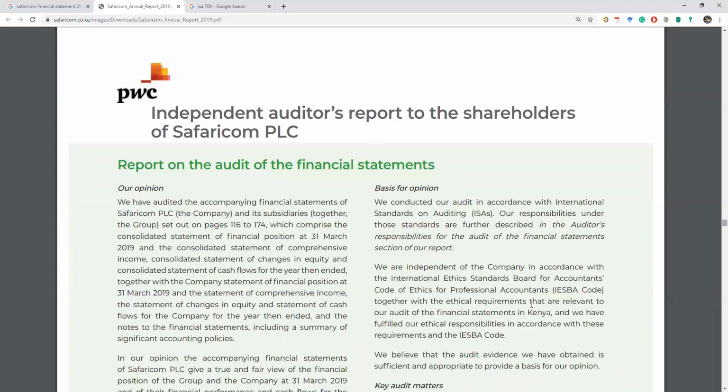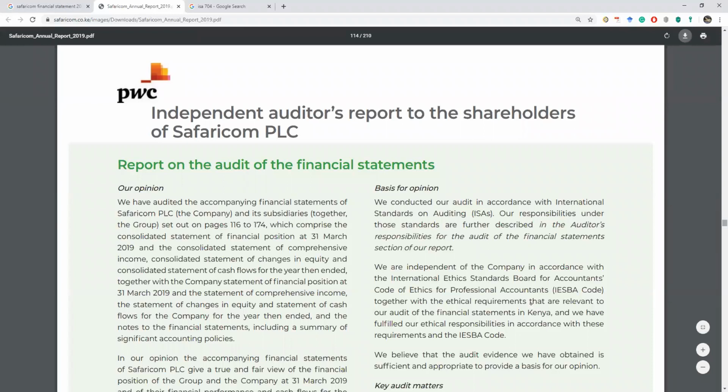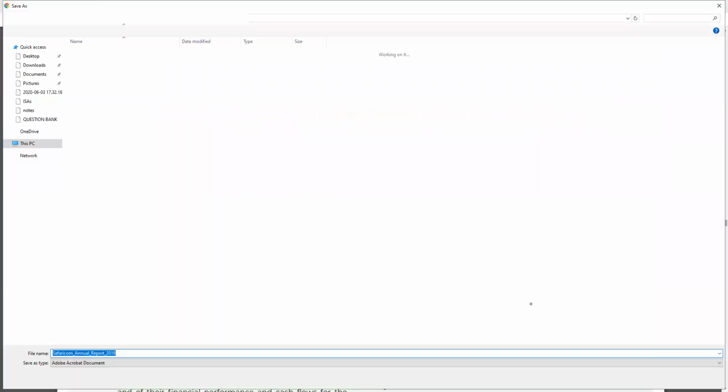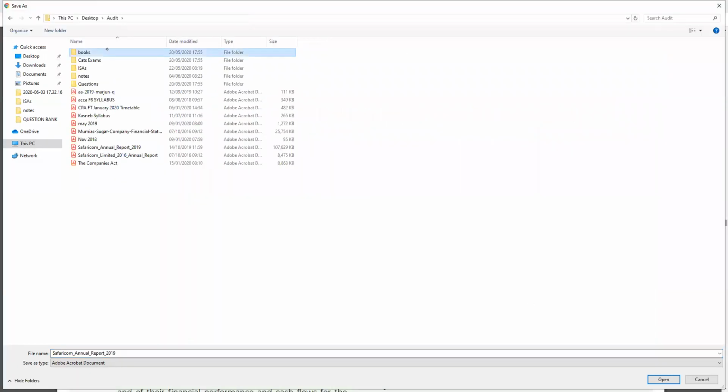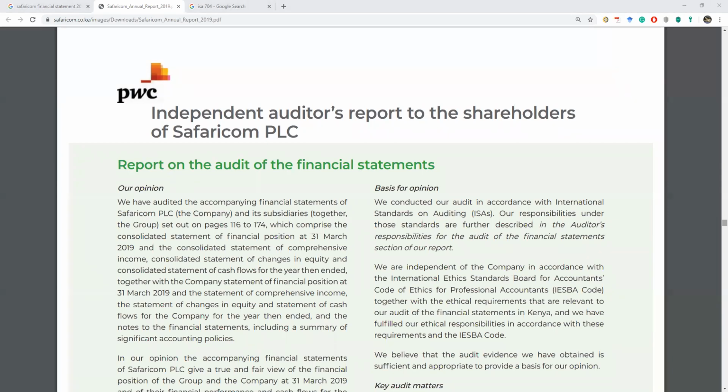Let me just download it so that you can highlight. I've already done it, so let me just open it. Give me a second.